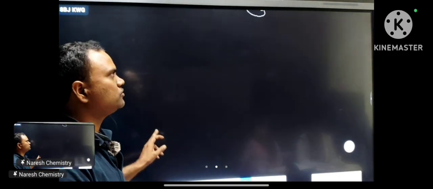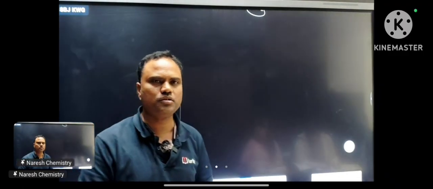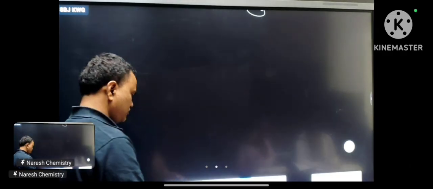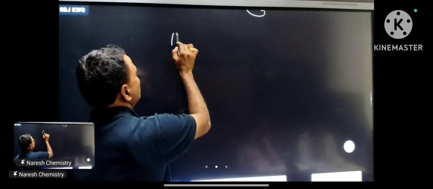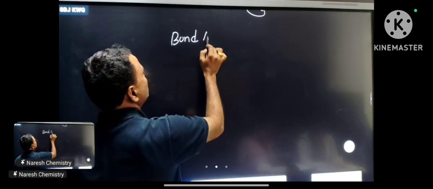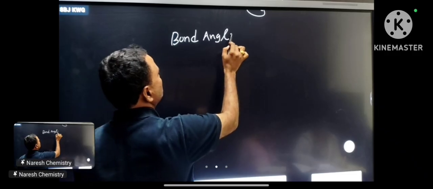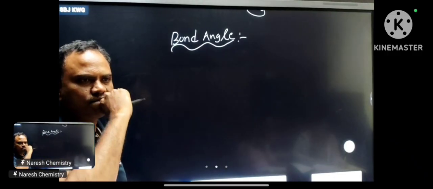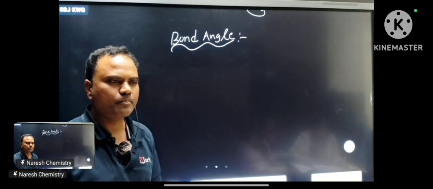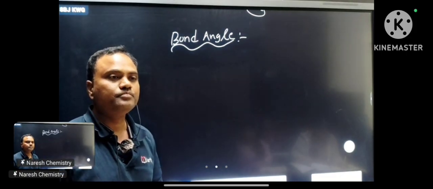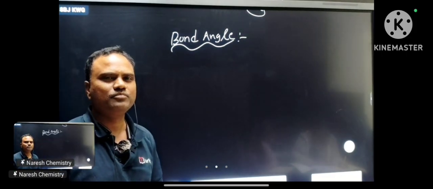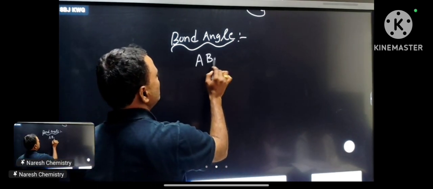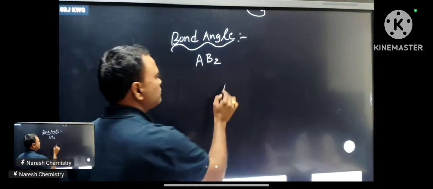Bond length and bond strength are also completed. Next, bond angle. Let us consider an AB2 molecule.